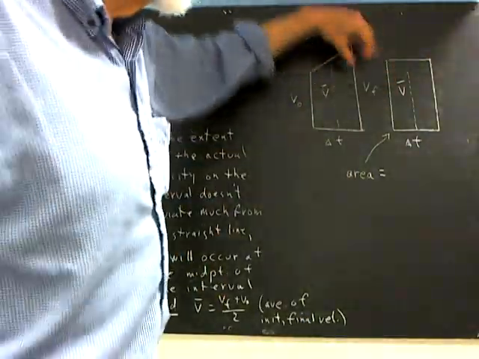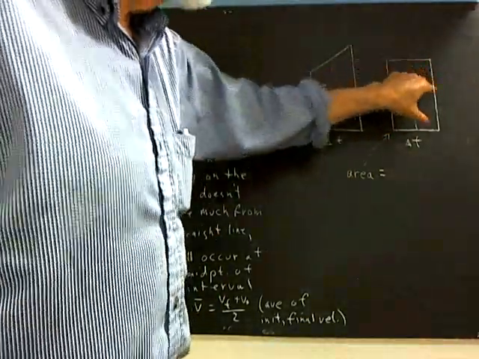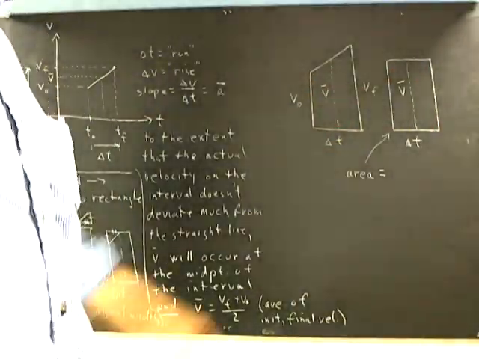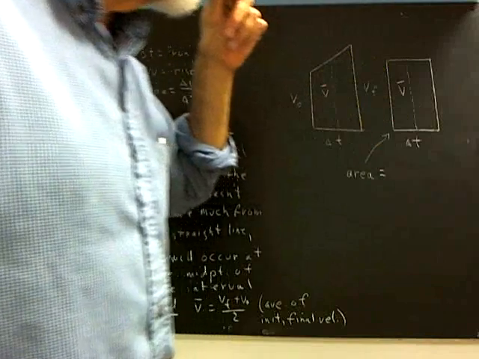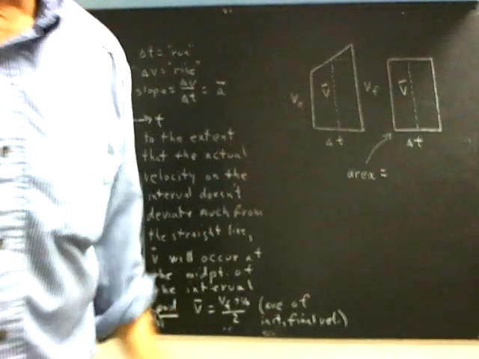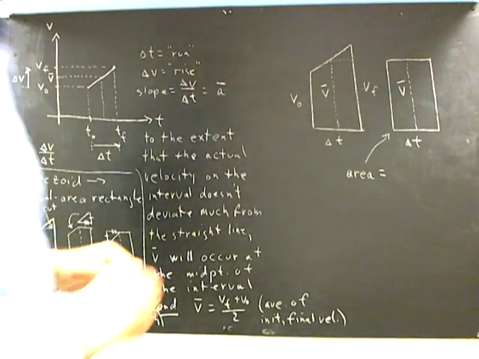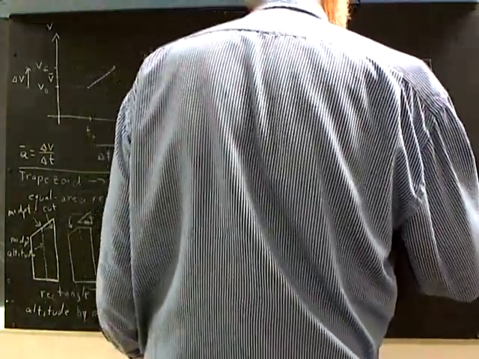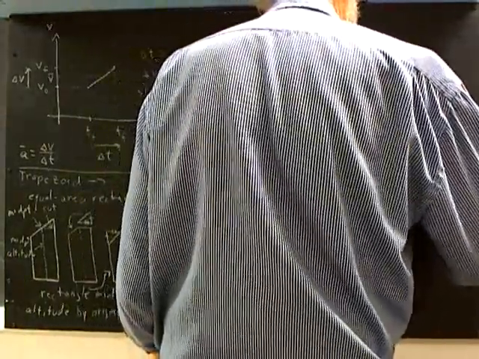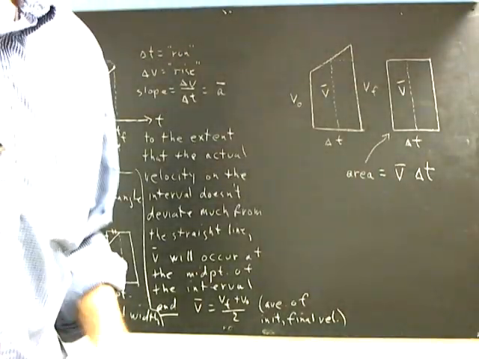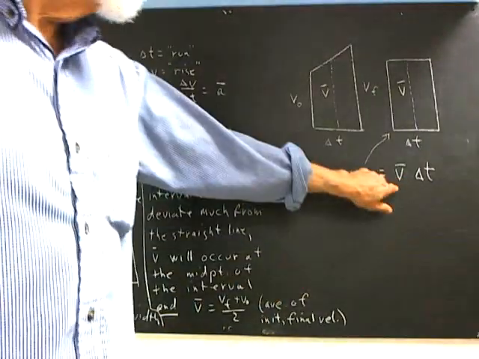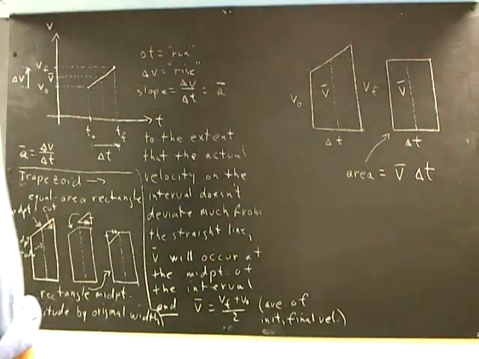We do the same construction. We cut this little triangle off and invert it, and we end up with a rectangle whose altitude is V bar and whose base is delta t. What's the area of that rectangle? Well, the area is V bar delta t. Now, what's the significance of V bar delta t?